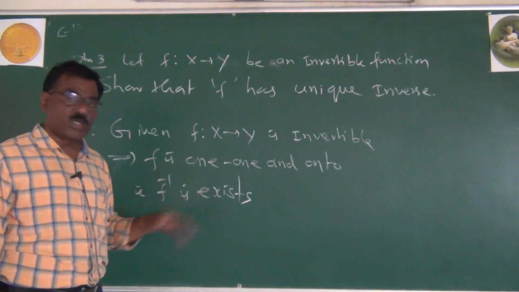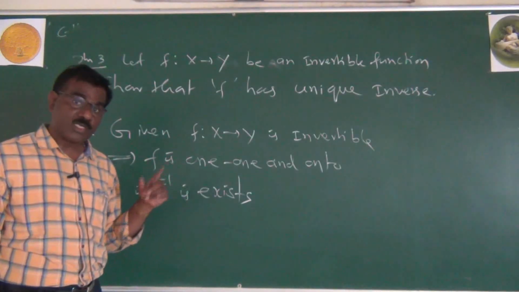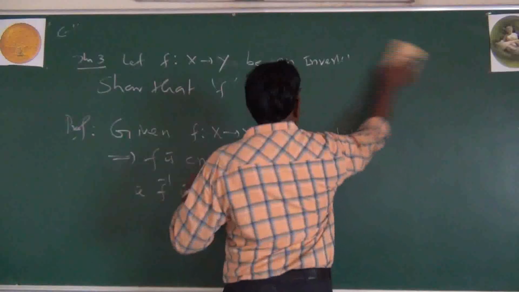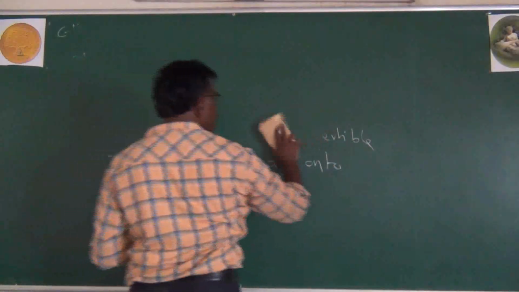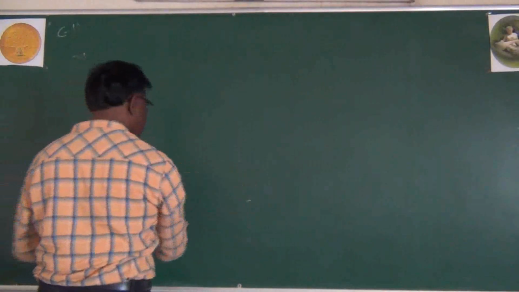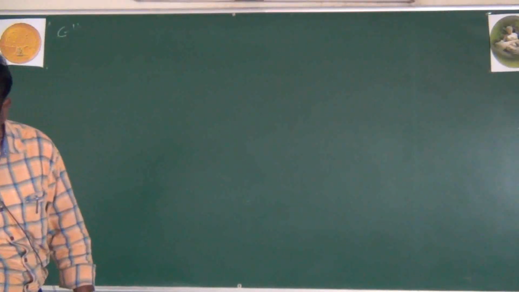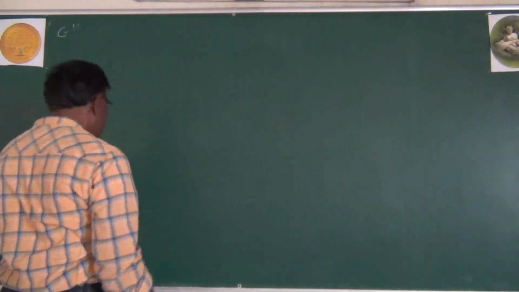When f is one-one and onto, the inverse exists. Suppose f is not one-one and onto, the inverse does not exist. When f inverse exists, you have to prove it is a unique inverse. Okay? So how to prove?